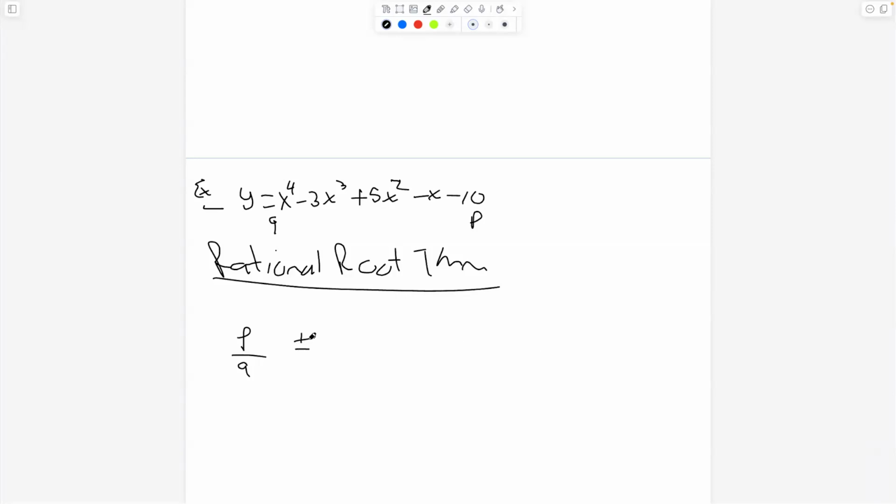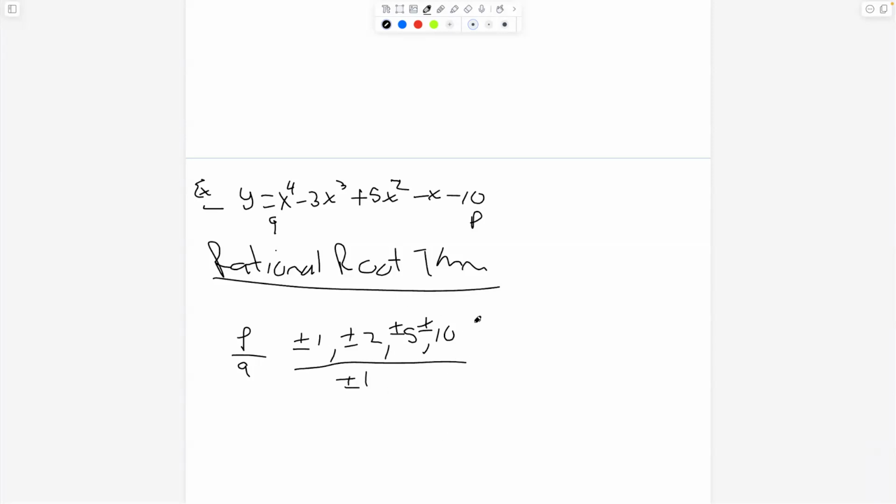So factors of P, we've got plus or minus 1, 2, 5, and 10, and over factors of Q, plus or minus 1.